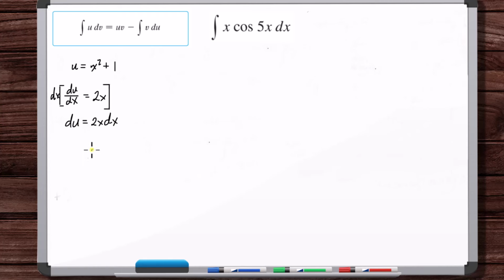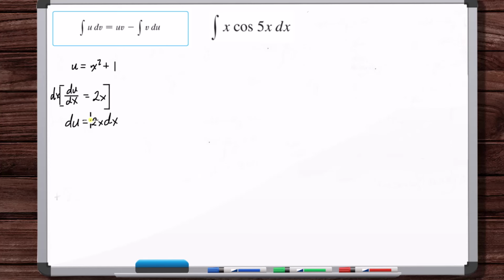And so what I want to point out here is that when you've got a du or a dv or a dx by itself like this, so du equals something, dv equals something, dy equals something, in most cases, and I might even say in all cases, I can't think of when this wouldn't be the case, you're going to have du is equal to something, something dx or d whatever.